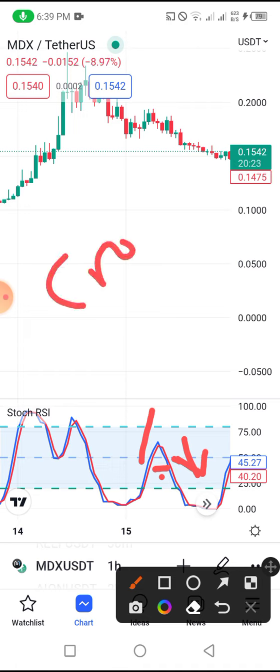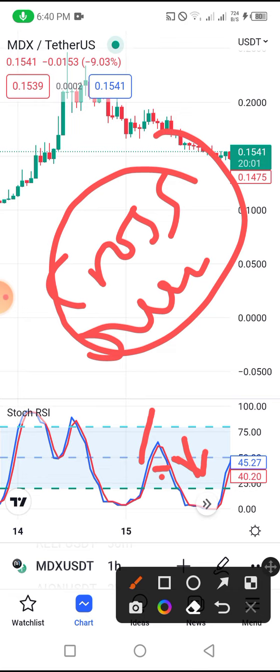A crossover is that point where one line crosses the other and begins moving below it, and the other one which was moving below begins moving above. That is what a crossover is. So what determines one line running above the other is a crossover.